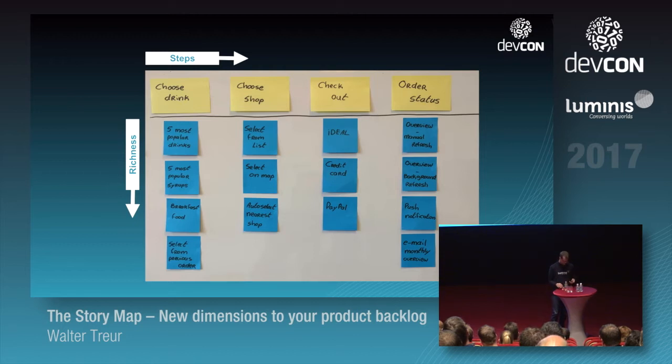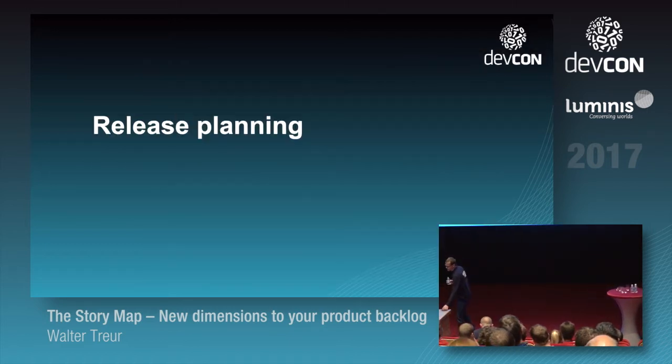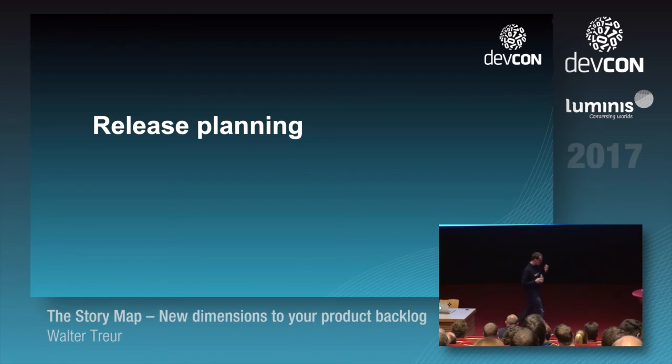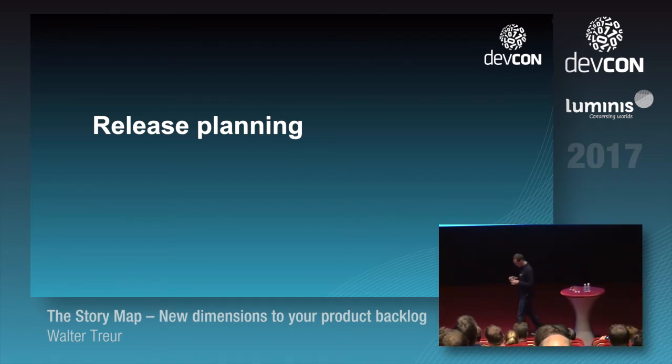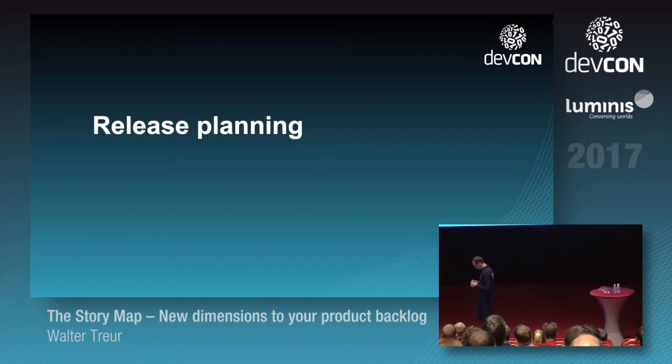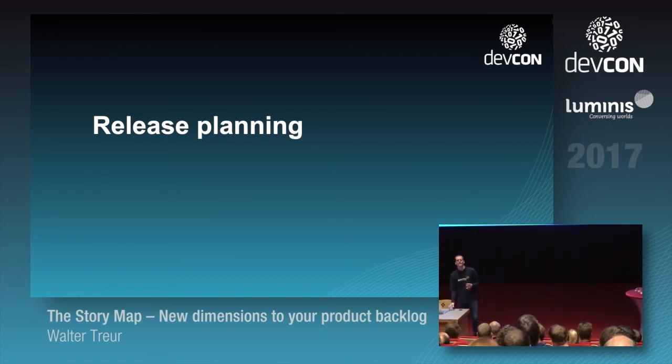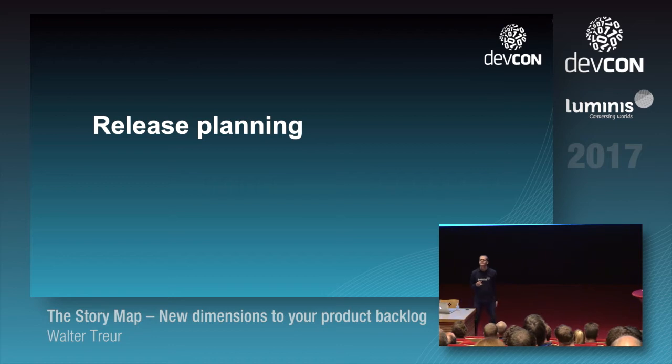So how does that fit into your release planning? Or how does a user story map help with release planning? What kind of issues do we have with release planning?